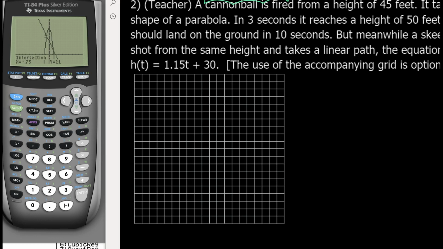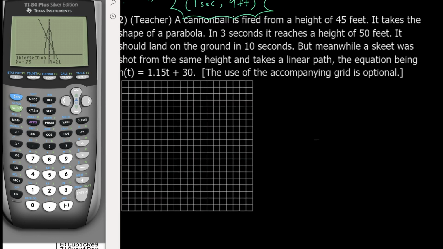Oh, I got it. You do the x minus and then put the number and then the parentheses thing. Well, not quite. So that's factoring. We don't have an equation at all yet, right?